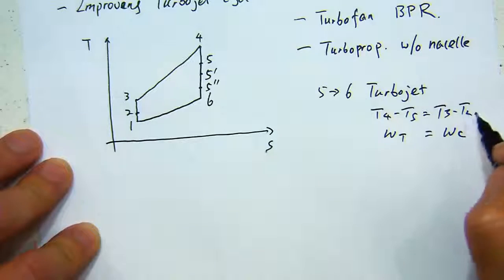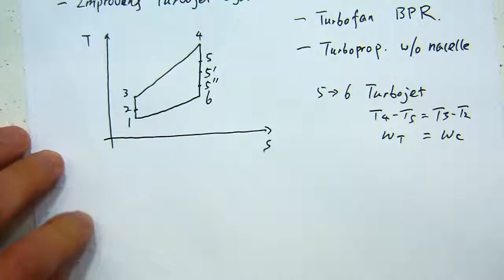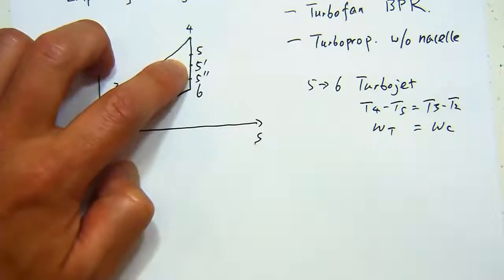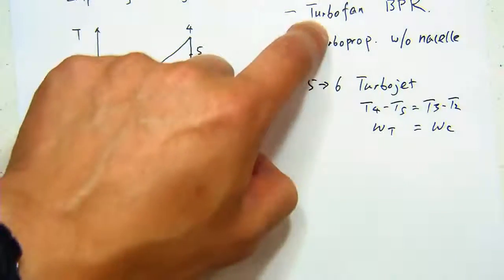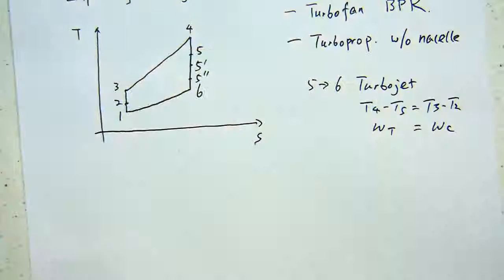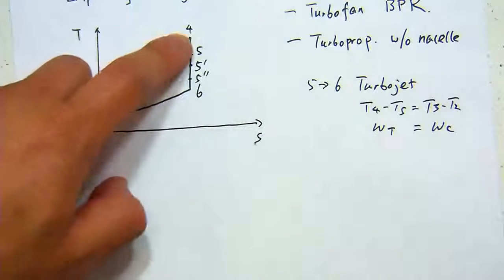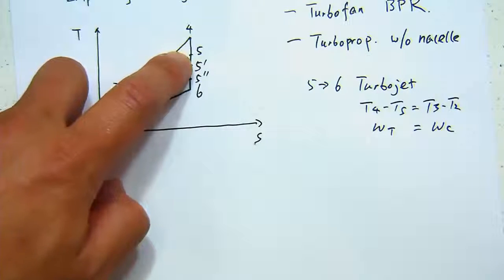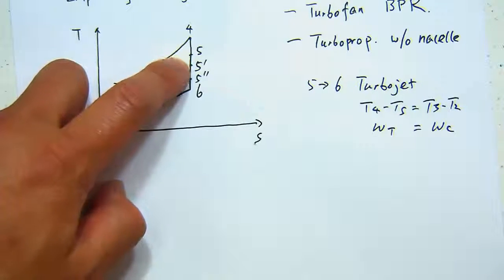So that's the theoretical one for the turbojet. So 5 prime corresponds to more of the turbofan or turboprop. The temperature difference from 4 to 5 corresponds to what work? What energy term?